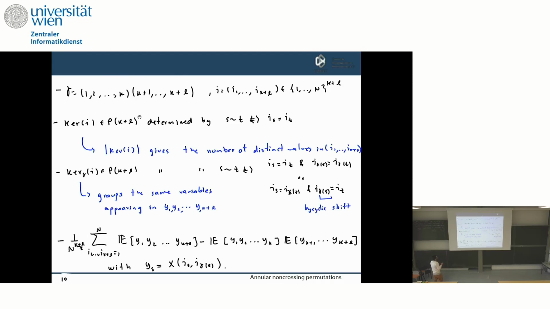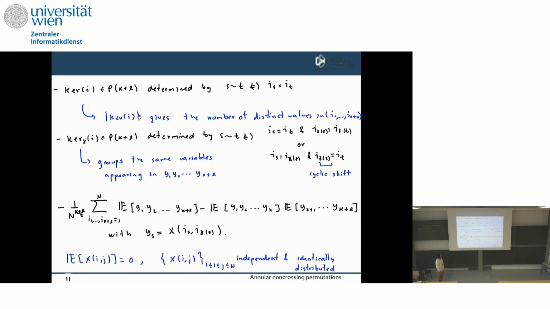One thing to notice is that the size of the kernel of i gives the number of distinct values in my sequence, whereas the kernel of i gamma just groups the same variables appearing in my sequence y1 all the way up to y_{k+l}. This is just a bicyclic shift. This is just the same expression I had before. Now, this is where some assumptions come into play.